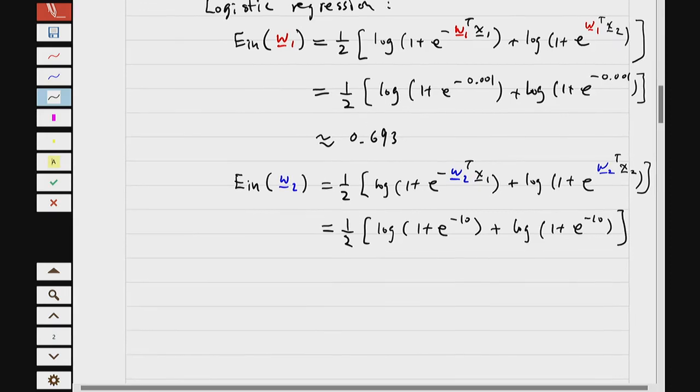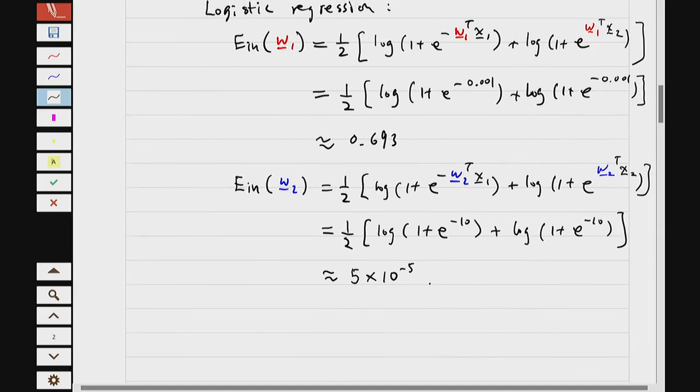As you can imagine, it's e to the minus 10, a very, very small number, even after the log. So the blue line's error is much, much smaller than the red line. Therefore, we know that we should favor the blue line, L2. L2 is preferred.